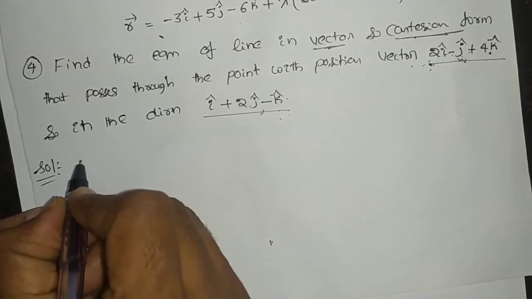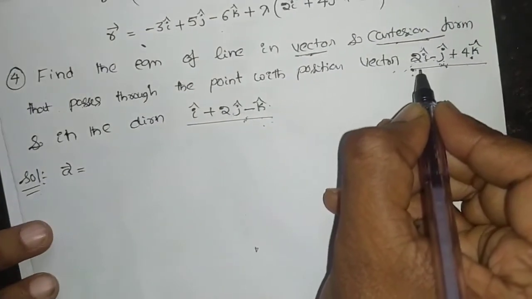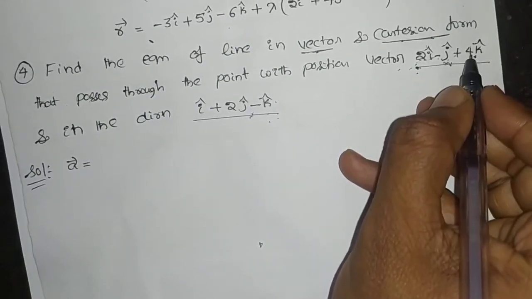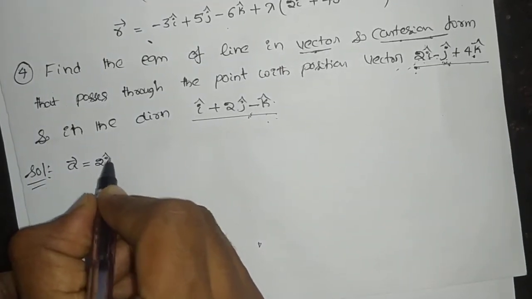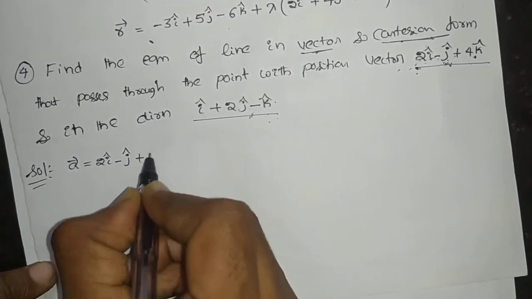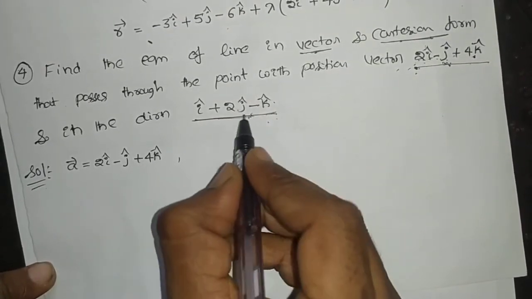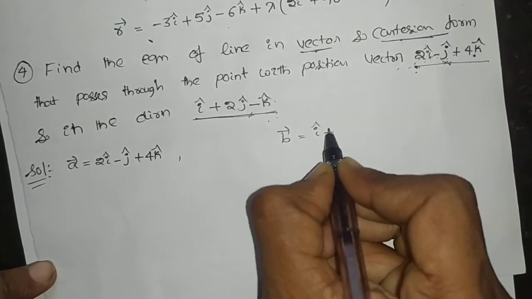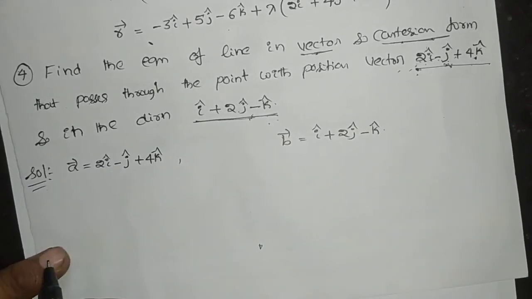A vector equals, it is passing through the point (2, minus 1, 4), which is a position vector. A vector equals 2i cap minus j cap plus 4k cap. The parallel vector b vector equals i cap plus 2j cap minus k cap. Understand?